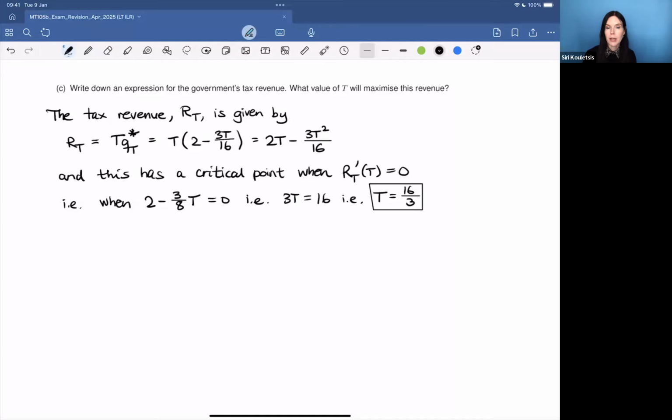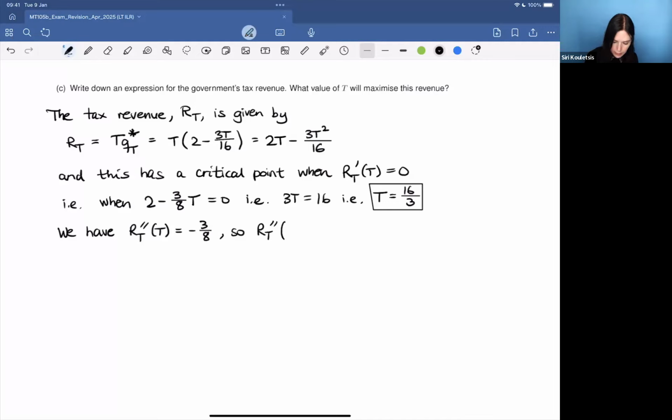And now we want to argue that this is indeed a global maximum. Now we can look at the second derivative. And we find that this is negative for all T, in fact.